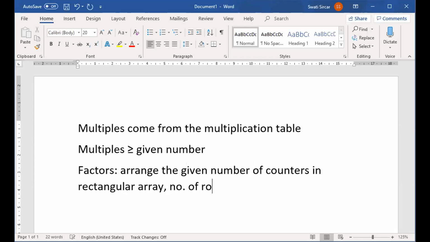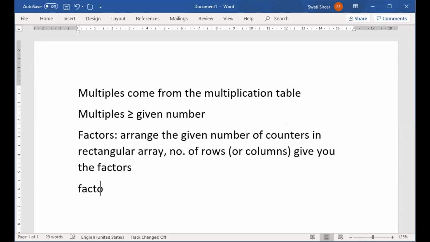The number of rows or columns gives you the factors. Okay, so you get that factors are less than or equal to the given number.